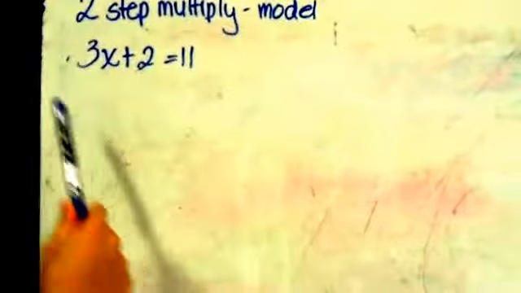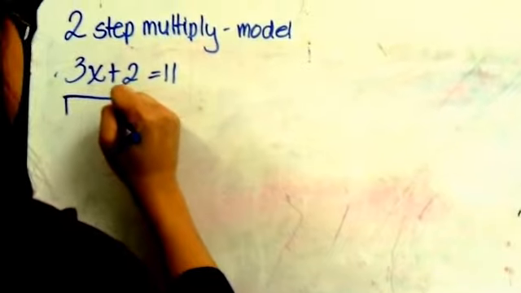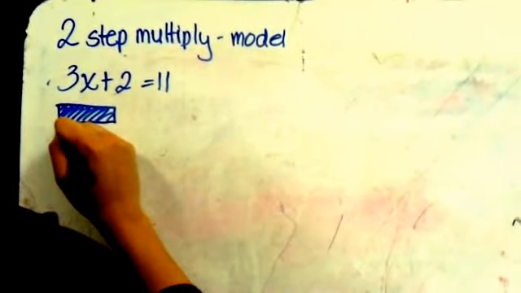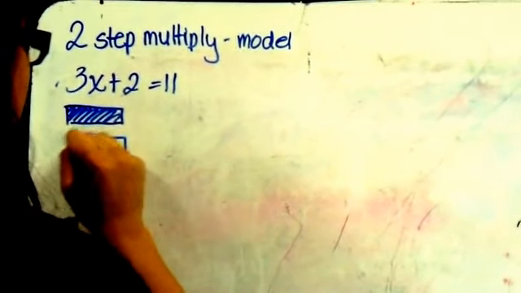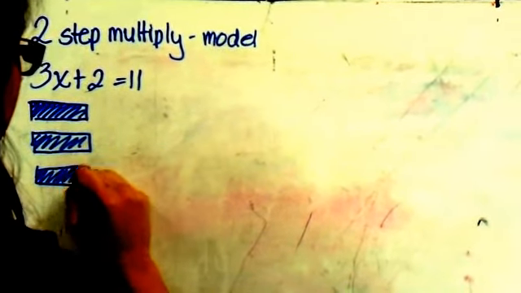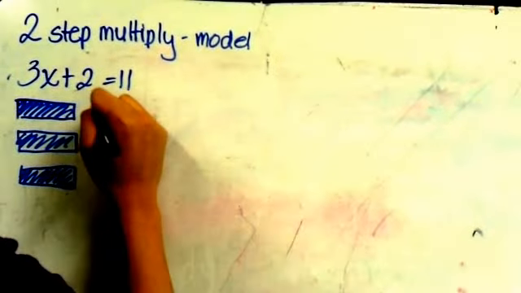So here we have our equation 3x plus 2 equals 11. So basically that is saying 3 groups of x. So we draw 3 groups of x. And since that says positive 2, you want to make it just add 2.